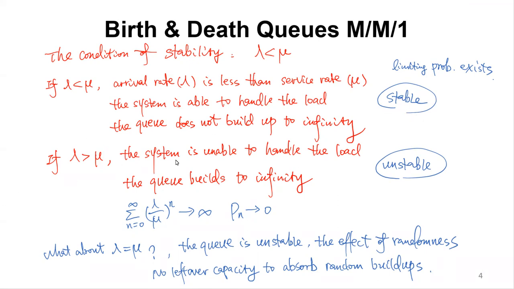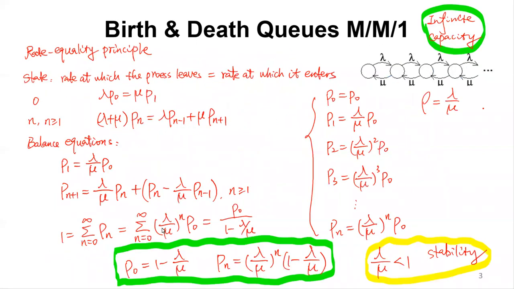If lambda is greater than mu, the system is unable to handle the load. The queue builds up to infinity, so this is very unstable. If lambda is greater than mu, this summation is more than 1, and as n goes to infinity it has to go to infinity. Then Pn goes to 0. Because if (lambda over mu) to the n goes to infinity, P0 equals 1 over this summation, which is 1 over infinity.